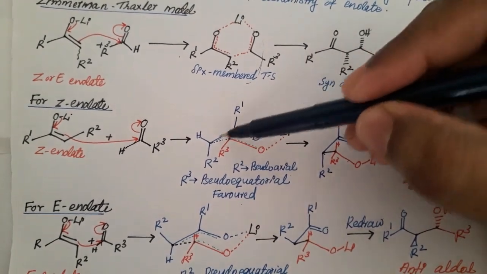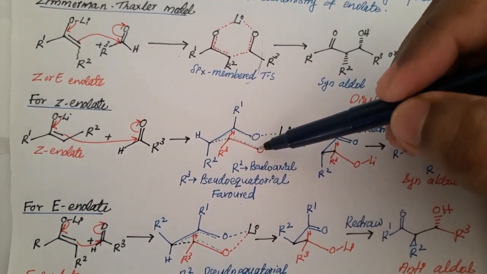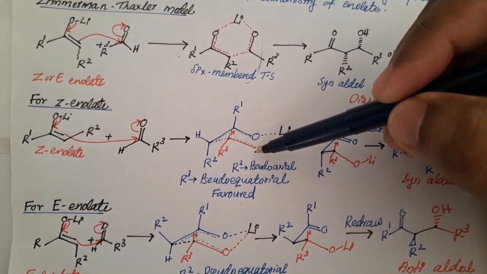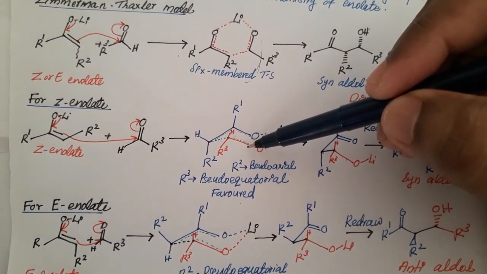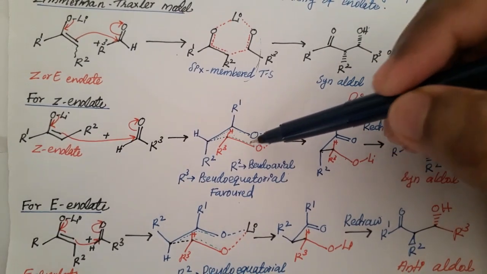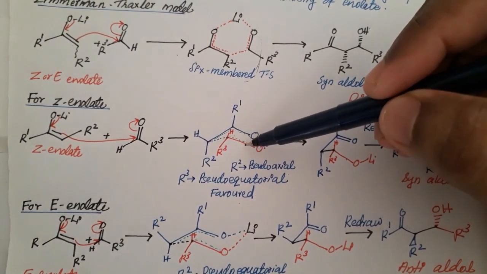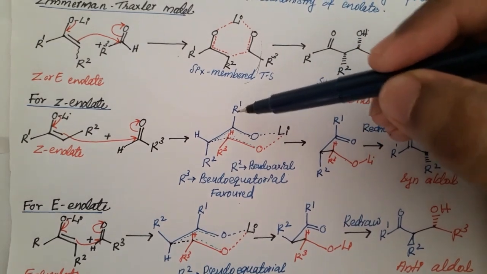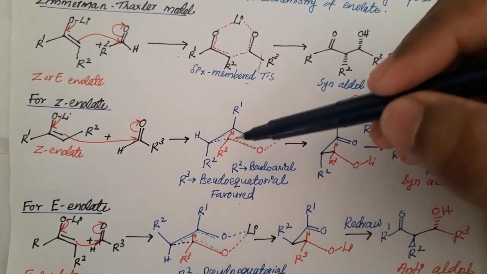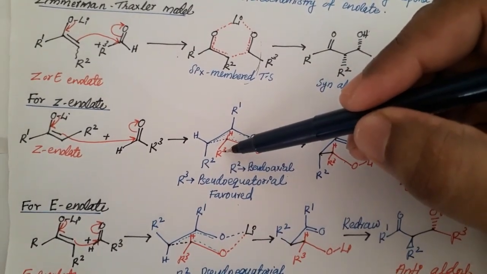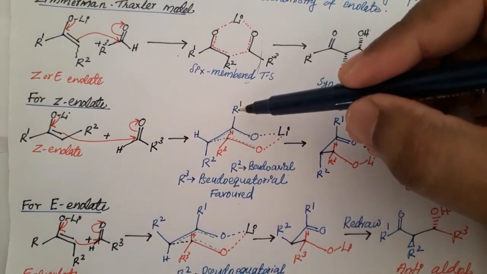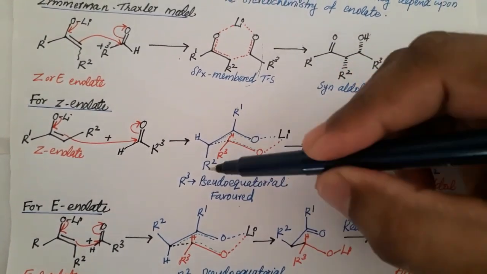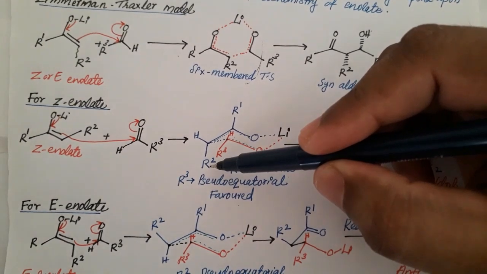The blue portion is regarded with the enolate, and the red portion with the electrophilic carbonyl compound, that is, the next equivalent of carbonyl compound. So we have R1, R2, R3 from the carbonyl compounds. Here R1 is pseudo axial, R2 is pseudo axial.